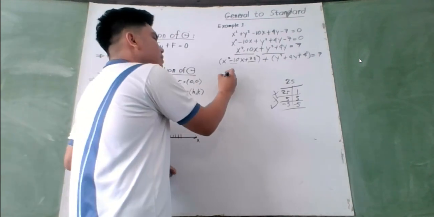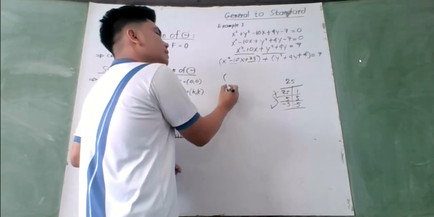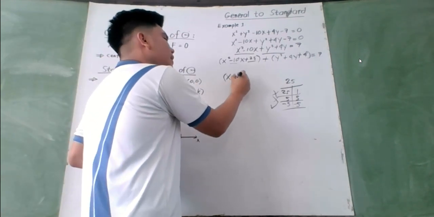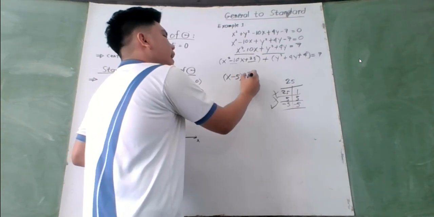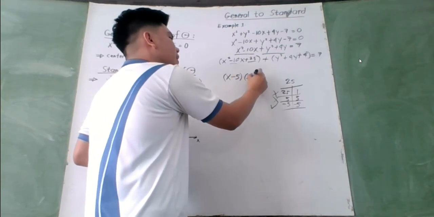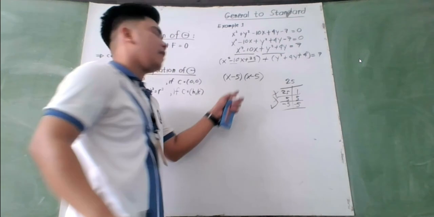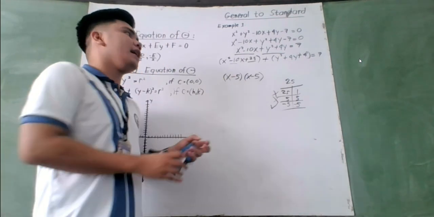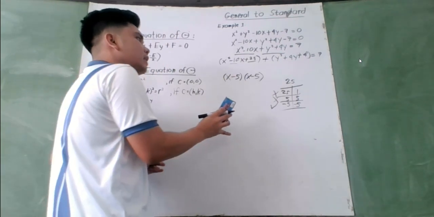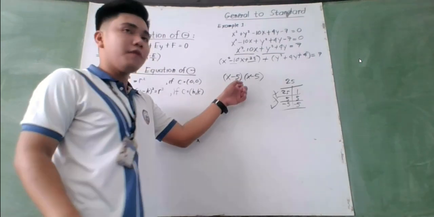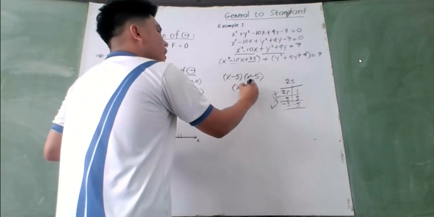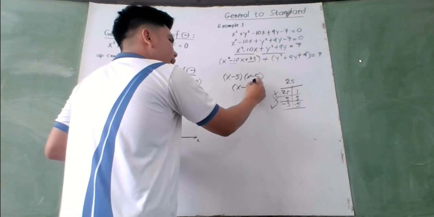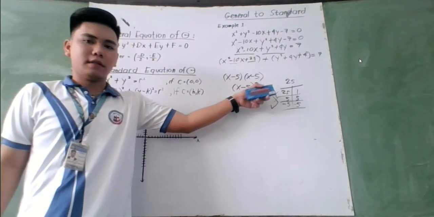Just simply use this one. x minus 5 and x minus 5. Or you can simplify it, since it is a perfect square already, into x minus 5 squared.